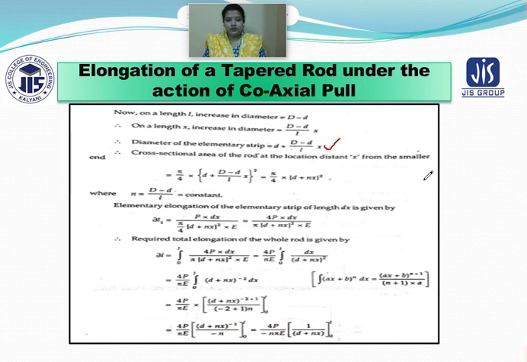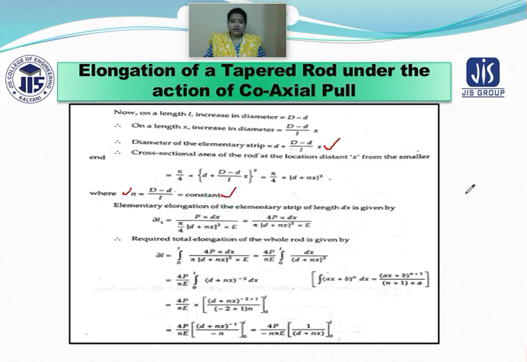So what you have got is pi by 4 into d plus n x, the whole square, where this small n is none other than capital D minus small d by your length L. This has been termed as a constant.